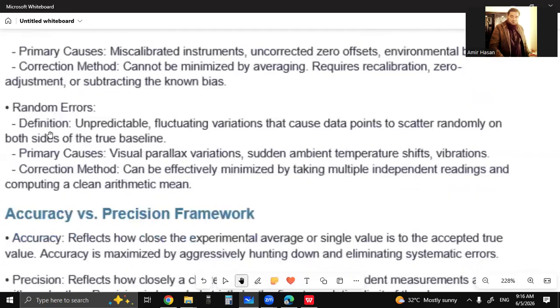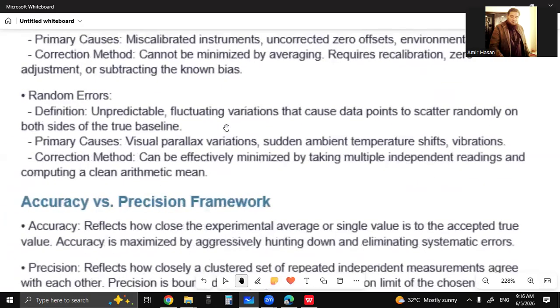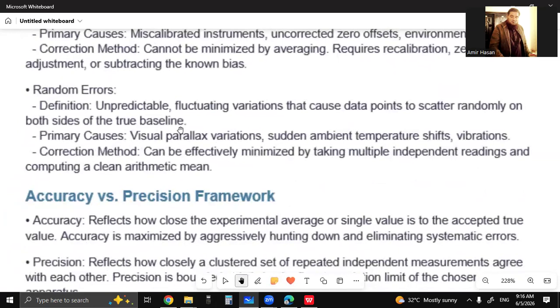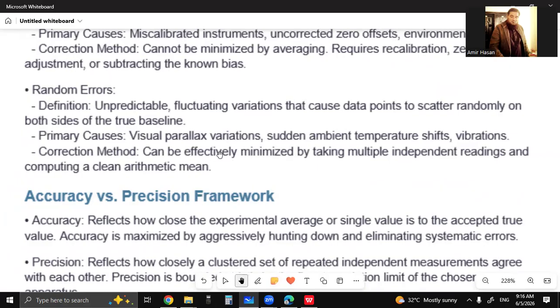What is the random error? Unpredictable, fluctuating variation that causes data points to scatter randomly on both sides of the true baseline. This is the random error. When we are taking readings, they come near to the actual value.